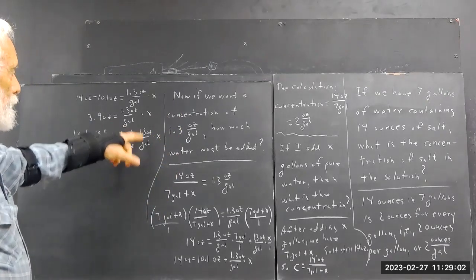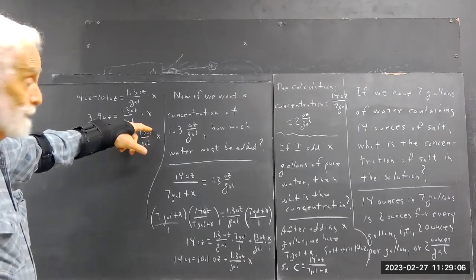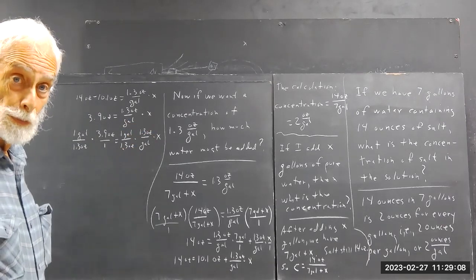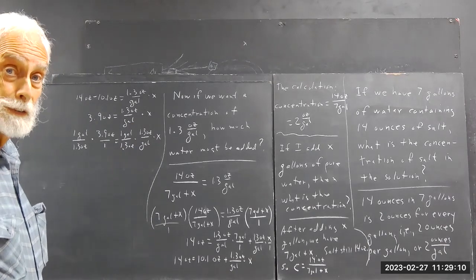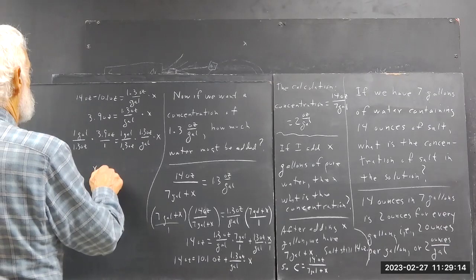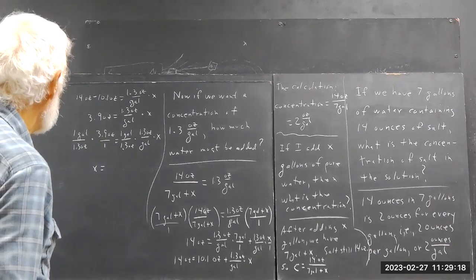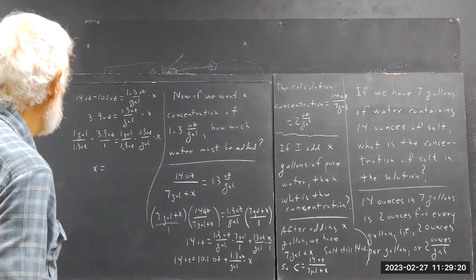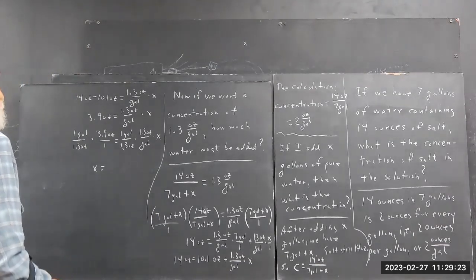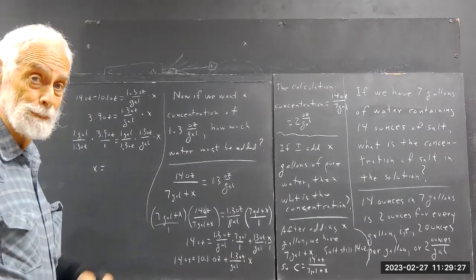And we see that this could be rearranged as 1 gallon over gallon and 1.3 ounces over 1.3 ounces. So we're just going to end up with X. Okay. So X equals what we get when we multiply this out. And that's going to end up being 1.3 ounces into 3.9 ounces is 3.